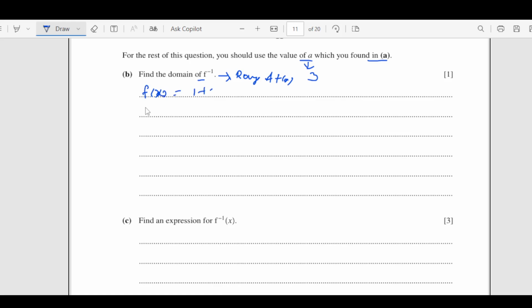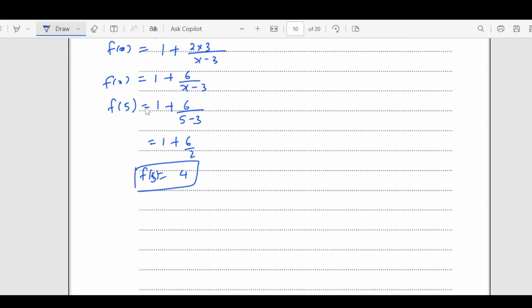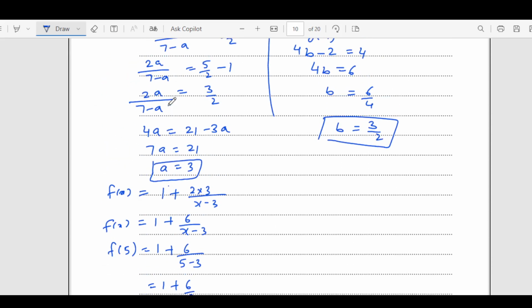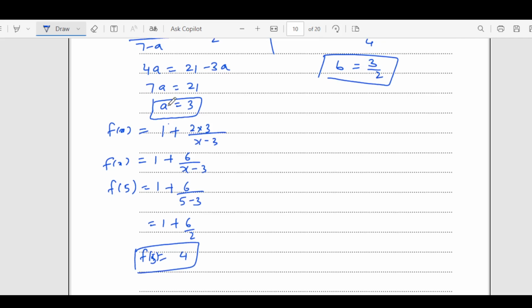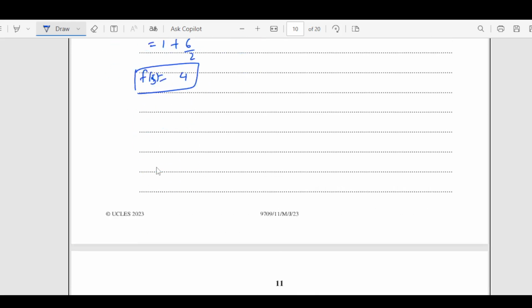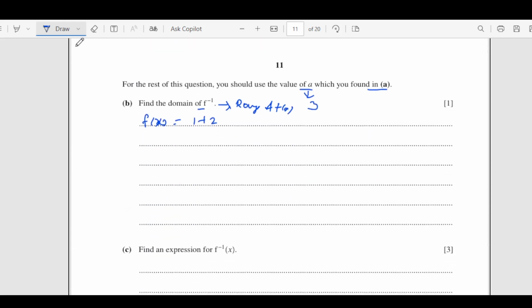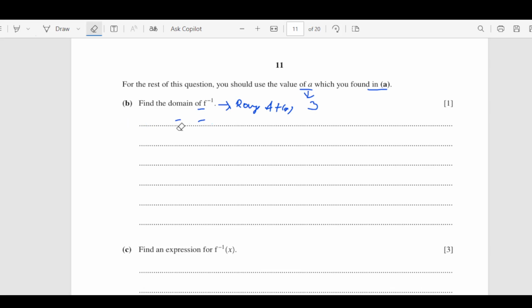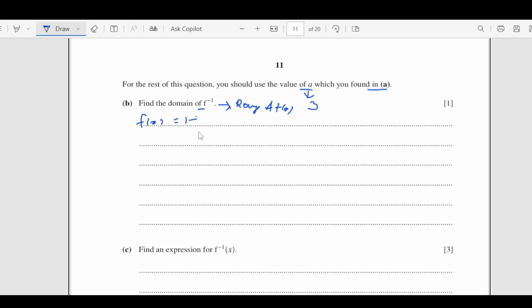We already got f(x) when a is 3, so f(x) is 1 plus 6 over x minus 3, right?